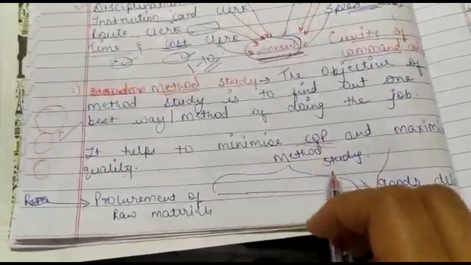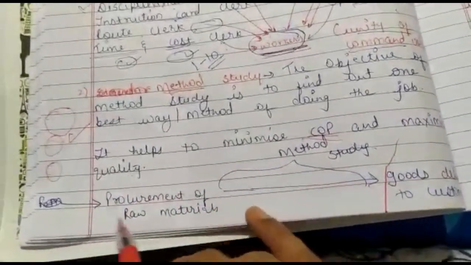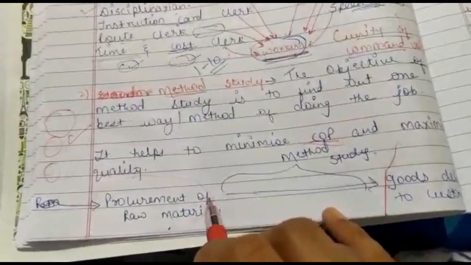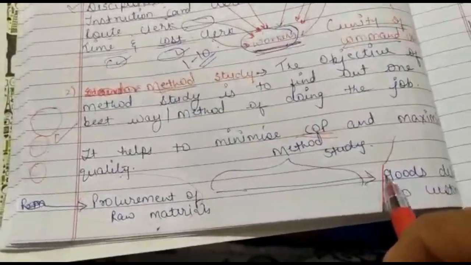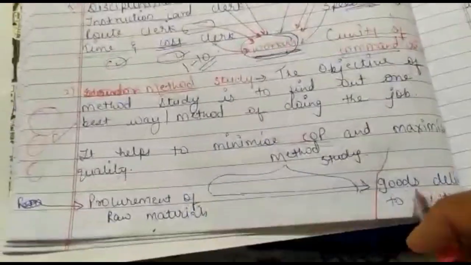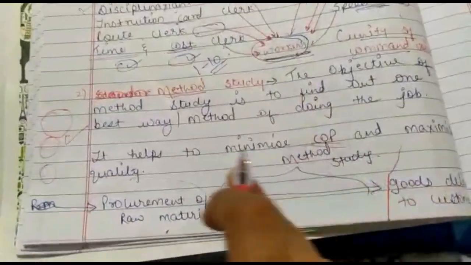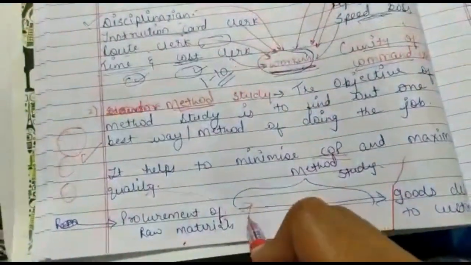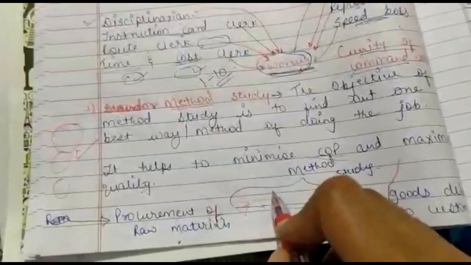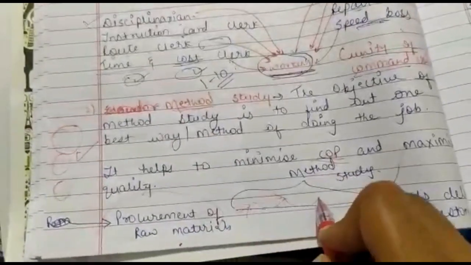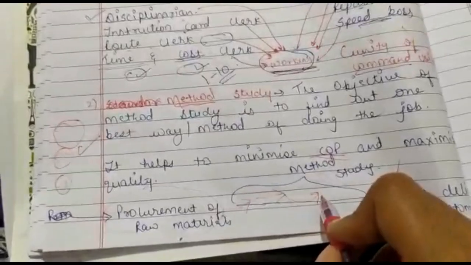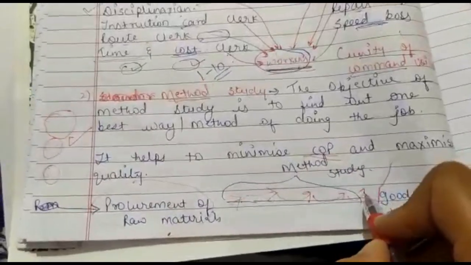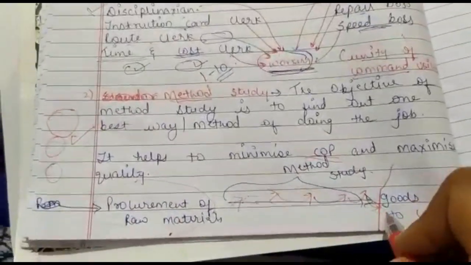So what is a method? See, when the goods are procured or purchased in the form of raw material, from purchasing the goods in the form of raw material till the goods are converted into finished form, or they are sold or delivered, all the things which are happening inside the factory, converting the raw material into work in progress or semi-finished goods, then converting the goods into finished goods, then transporting the goods to the godown, then from the godown transferring it to the wholesaler, then from the wholesaler to the retailer, then from the retailer the goods ultimately reach the hands of the customer.